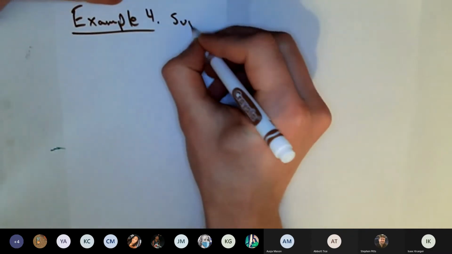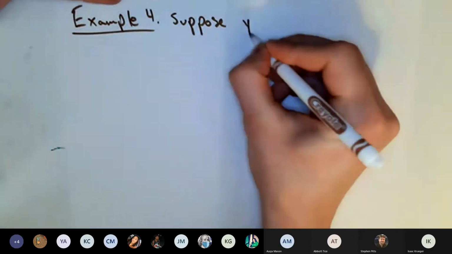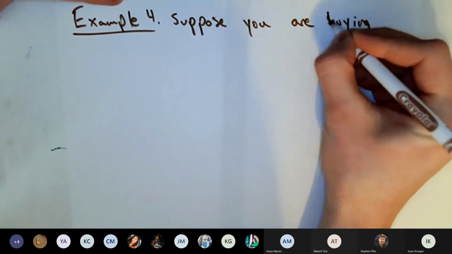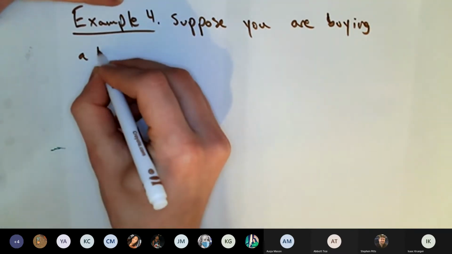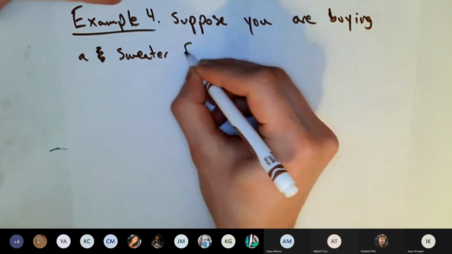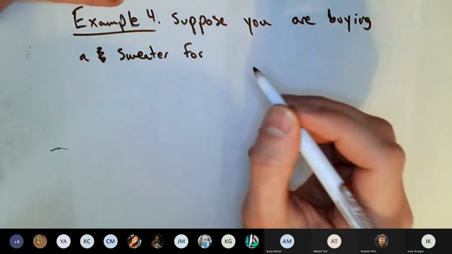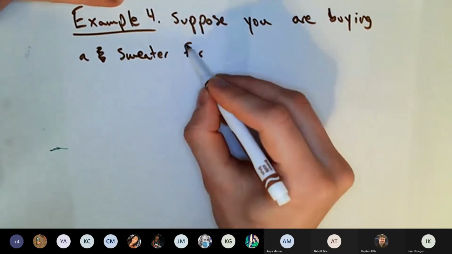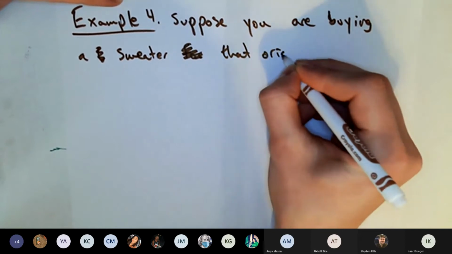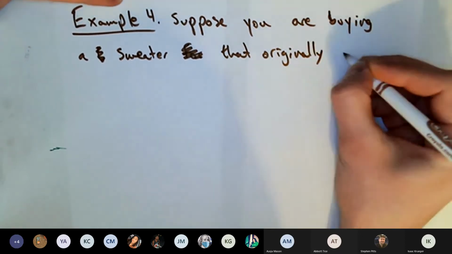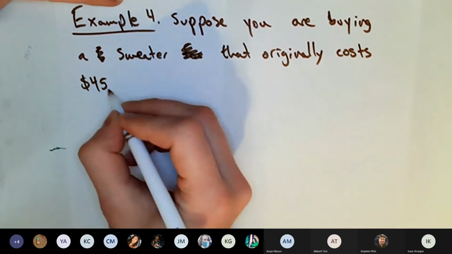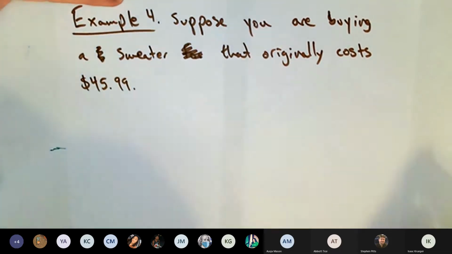So suppose you are buying, let's say, a sweater. Suppose you were buying a sweater that originally costs $45.99.